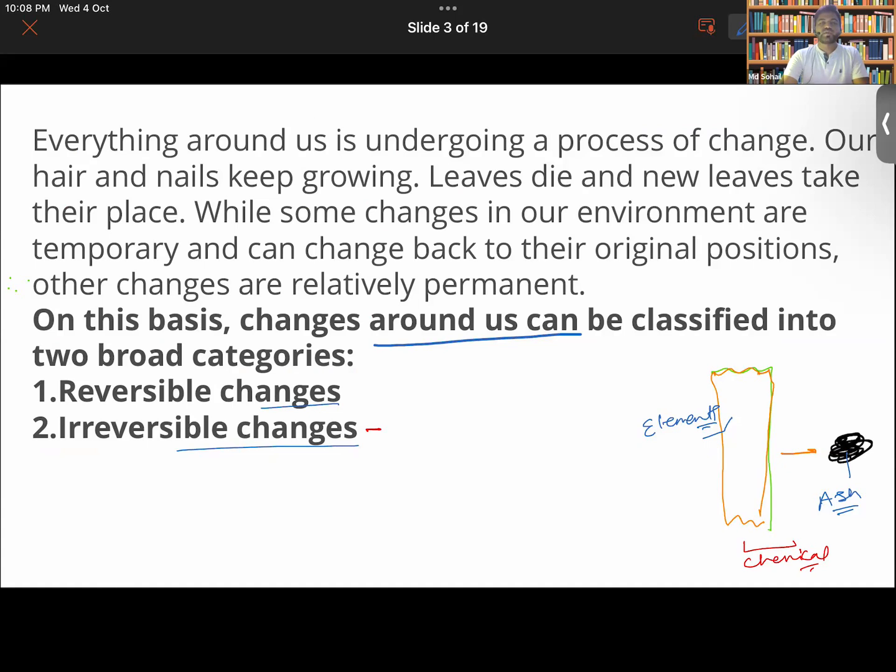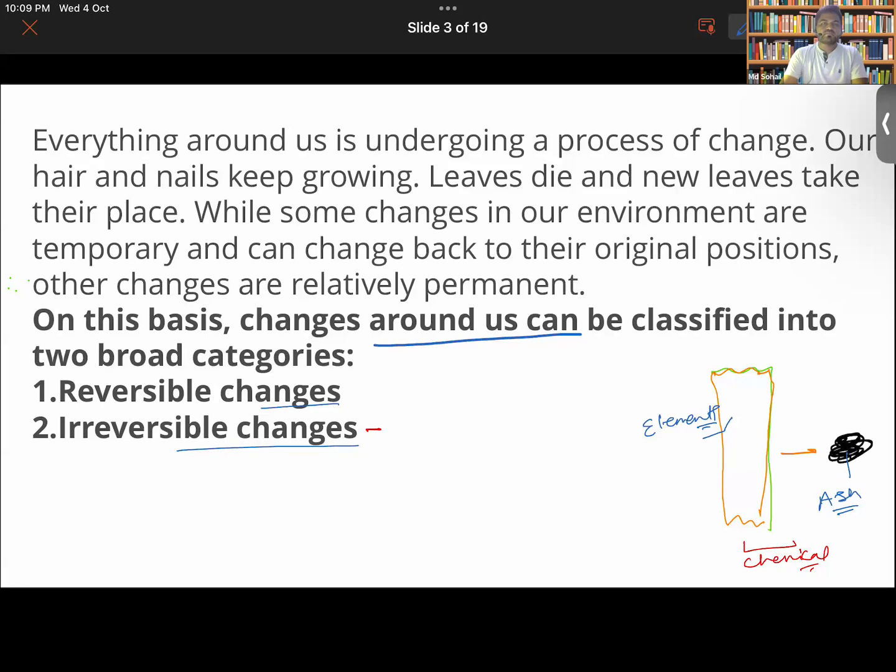Look here. These are associated with the chemical and physical changes also. Changes where only the physical property of the substance changes, where no new substance is formed, will be an example of a reversible change.